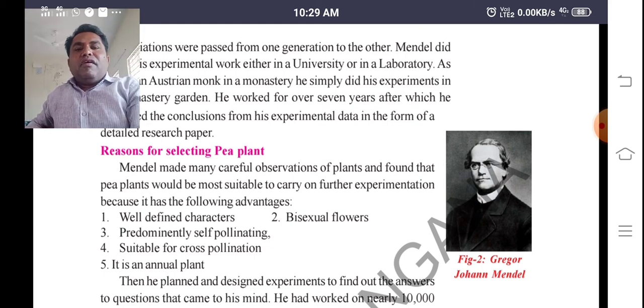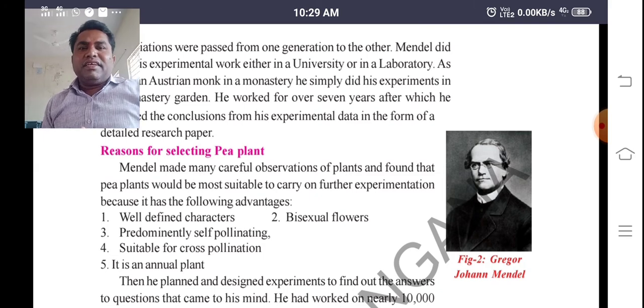Number 1, well-defined characteristics. The pea plant has maximum of all the required, desired characteristics for the experiment. So that is the reason he has taken it.